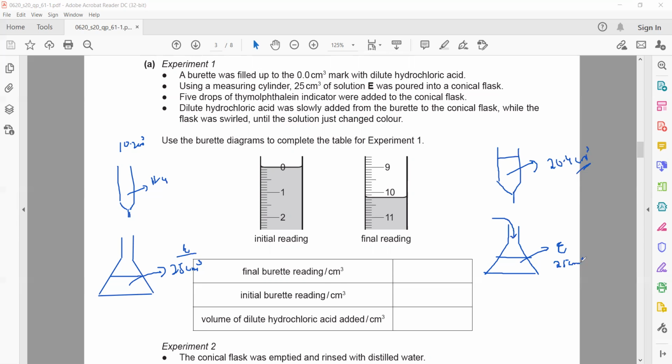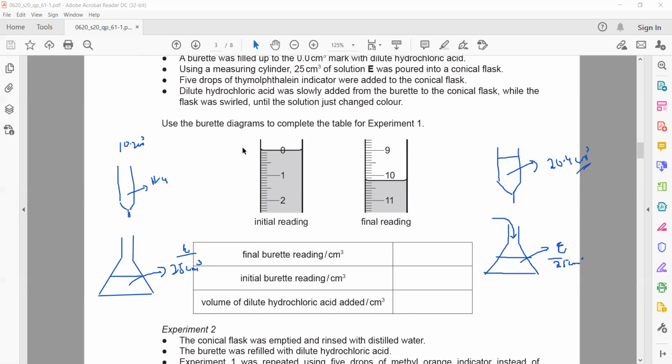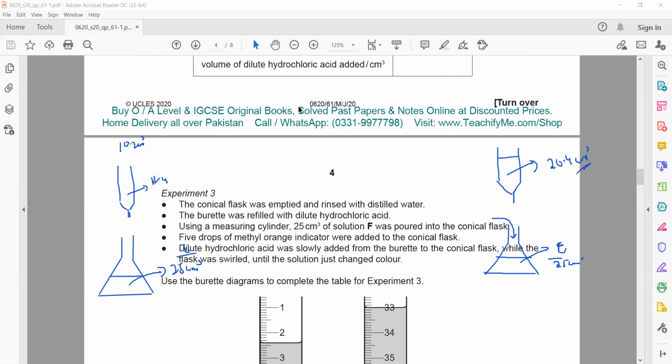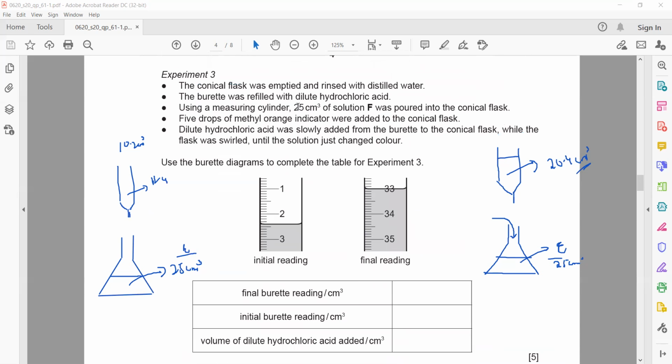That's why this contributes to a different volume of HCl required for the reaction. This was not the question, but I was explaining why there is a difference in the volume of HCl even though the same reagent is used in experiment 1 and experiment 2, with only a different indicator.